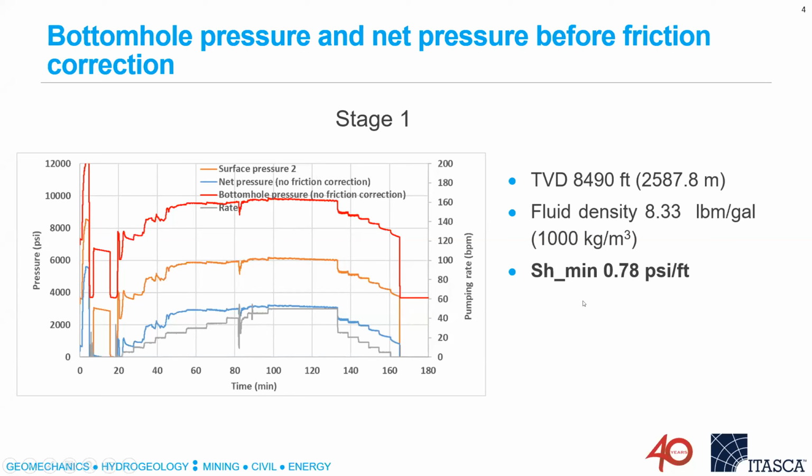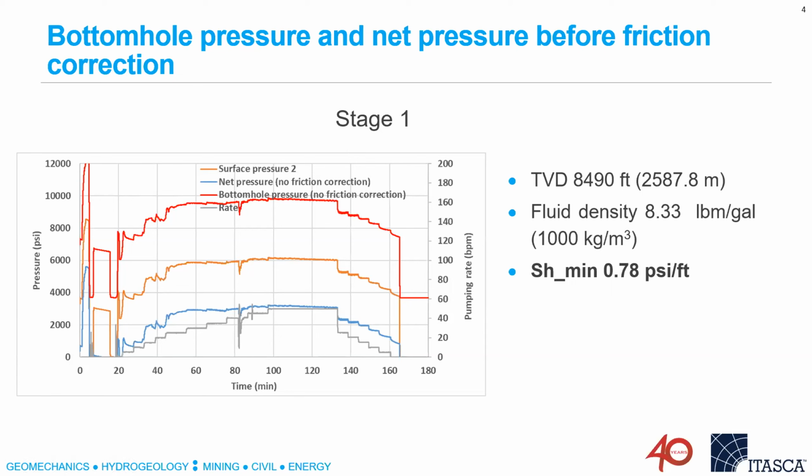So SH mean here I use 0.78 psi per foot. This is basically in the range of the DFIT tests we have done as a total of this well. So here we get net pressure, but that's not correct because we need some friction, right?